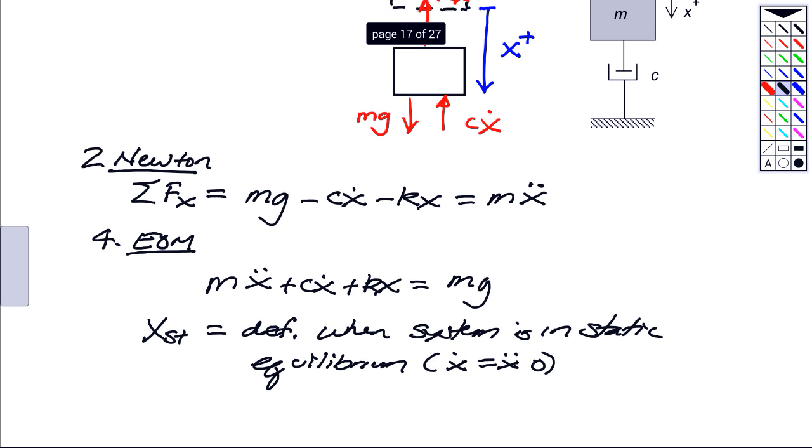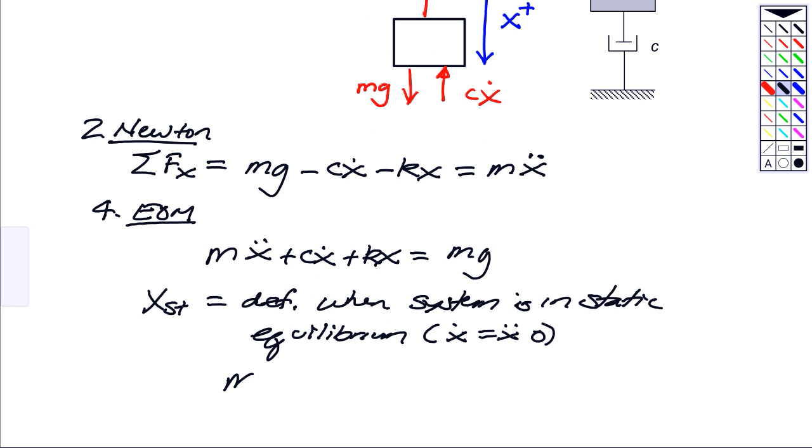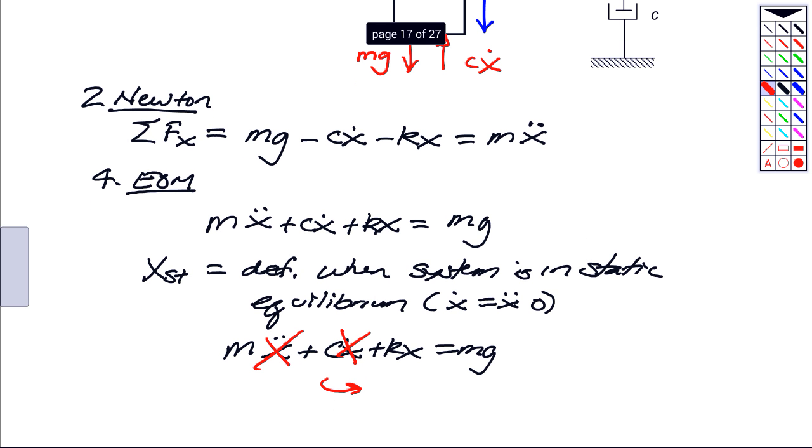So we can see here that if we go back to this, m x double dot plus c x dot plus k x is equal to mg, static equilibrium means I cancel out these terms, and see that x static is equal to the weight divided by k.